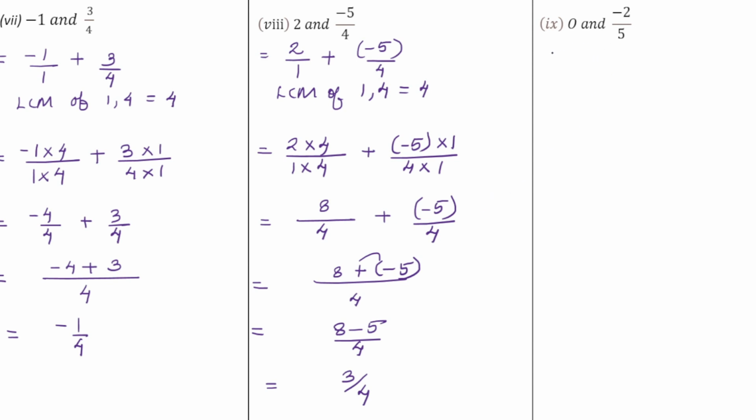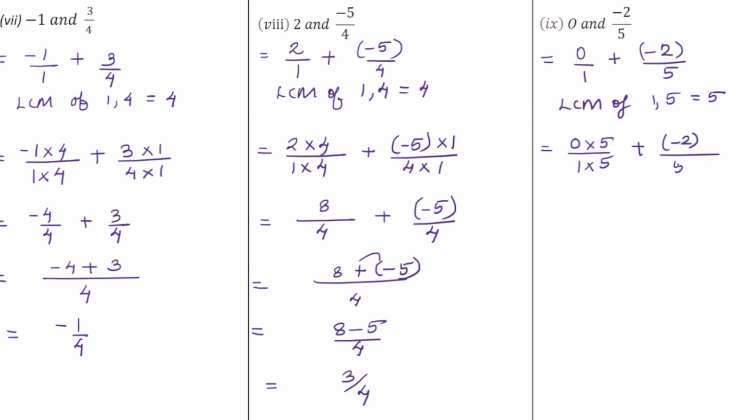And the last question now. 0 can be written as 0 by 1. It is a rational number too. And we are adding it with minus 2 by 5. LCM of 1 and 5 will be 5. So take this 0 upon 1 and we are multiplying it with 5 plus minus 2 upon 5, we are multiplying it with 1.